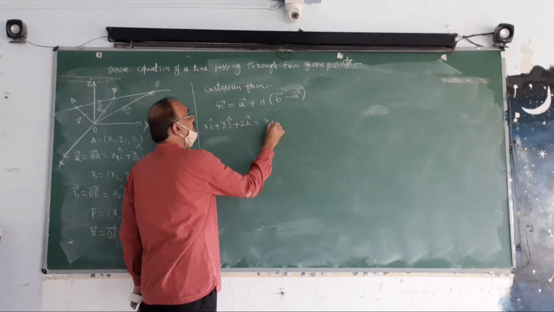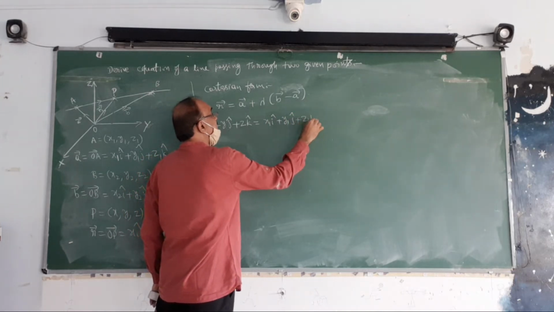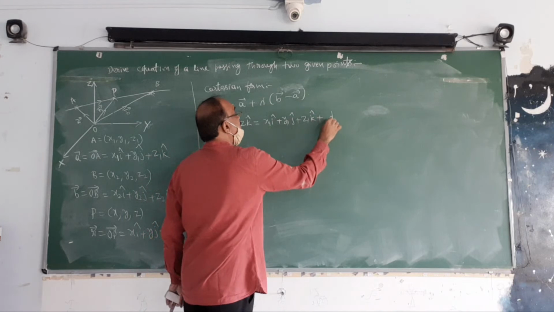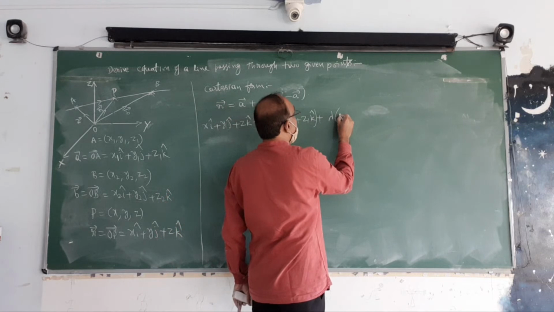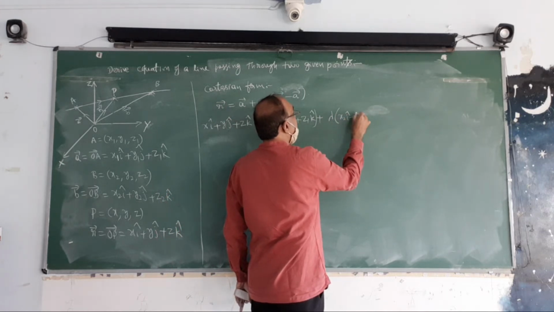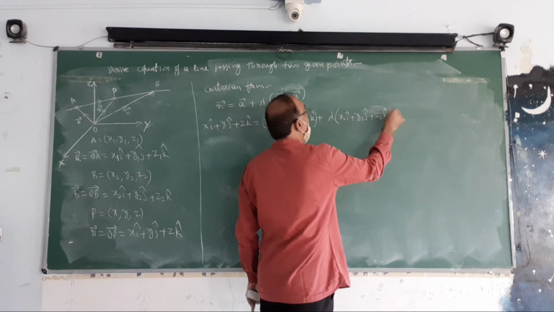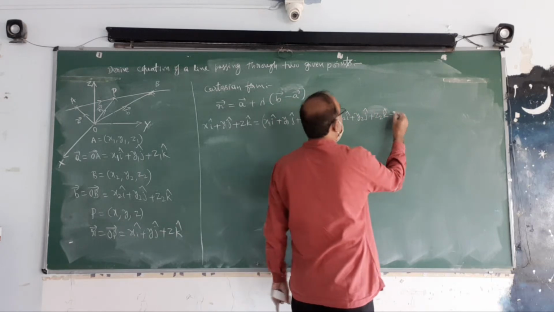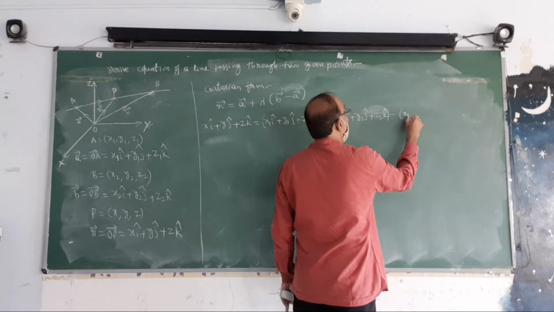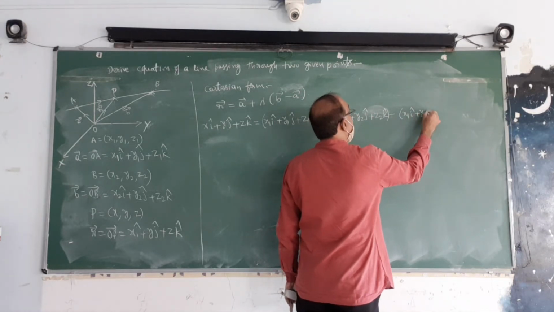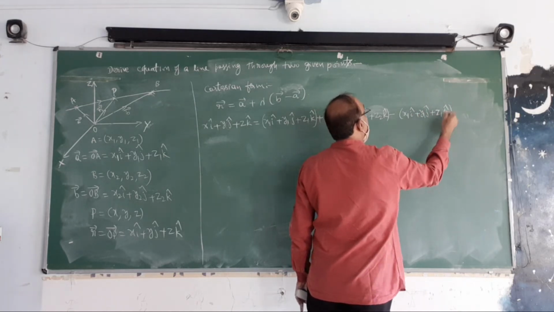It is x1i plus y1j plus z1k plus lambda times, this is vector A. Lambda times vector B. Vector B is x2i plus y2j plus z2k minus vector A. This is one vector A and another vector x1i plus y1j plus z1k.